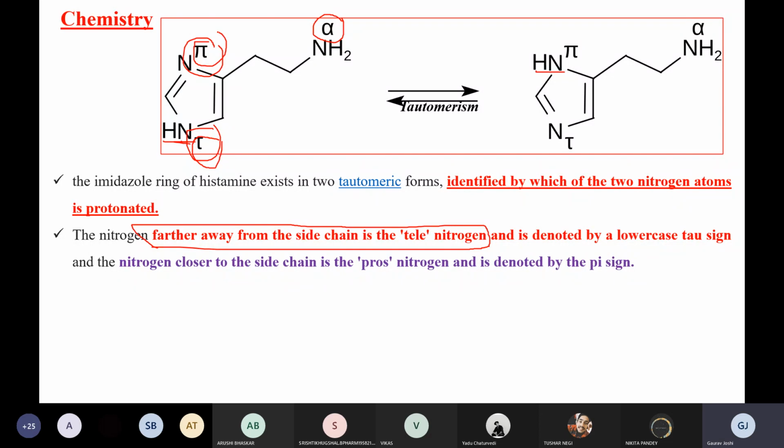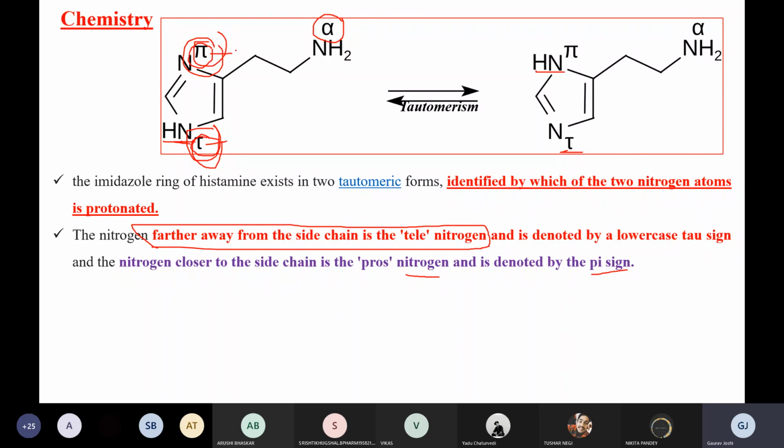So what will happen now? The nitrogen farther away from the side chain is the tele nitrogen and is denoted by a lowercase tau sign. The nitrogen closer to the side chain is the pros nitrogen and is denoted by the pi sign. So we call this the pros and this the tele. How do we define this?